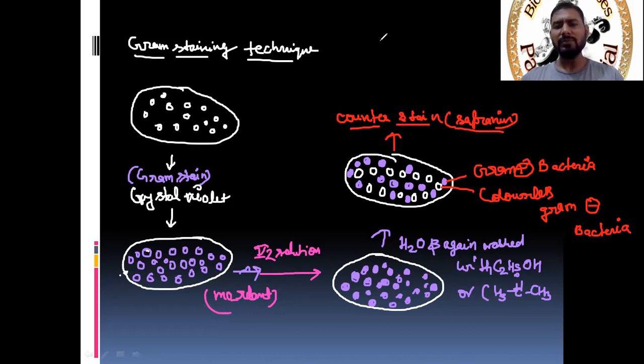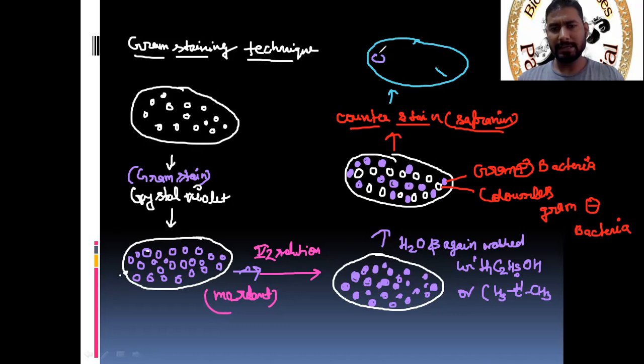When they used the safranin, what was the result? Now what did he observe? This is the Petri plate, and in it they again got two different types.